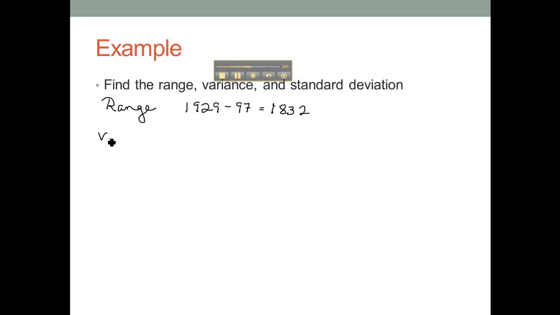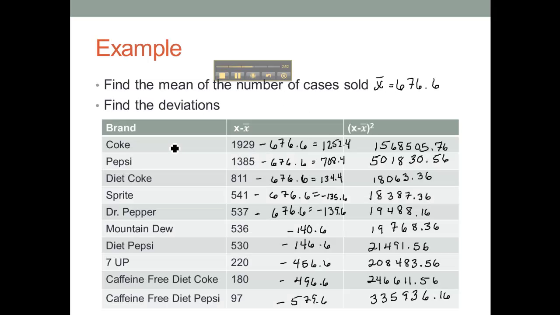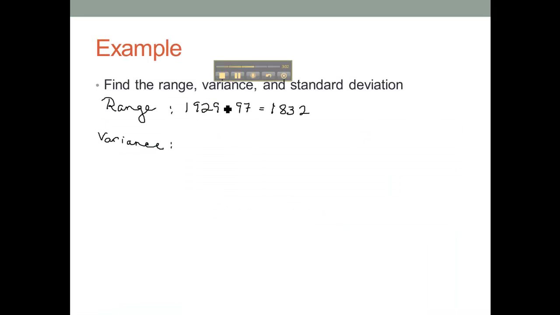The variance is the sum of these divided by n minus 1. So I'm going to pause and find that. I added all these up. That total is 2,958,566.4, and I have n minus 1 values, or 10 minus 1.